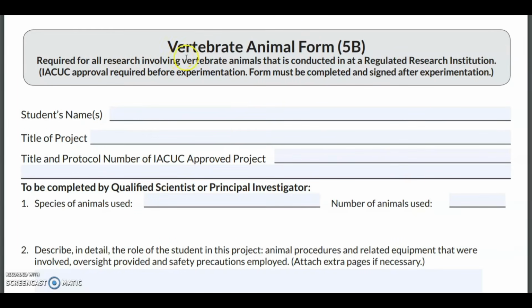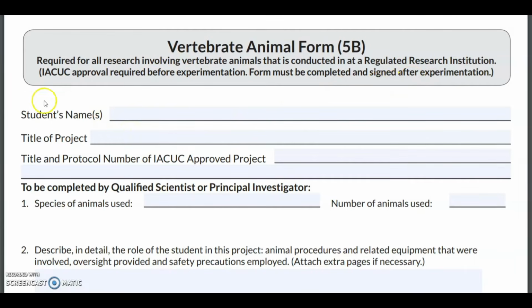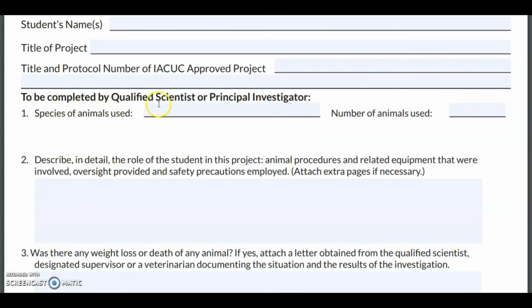Form 5B is also for vertebrate animals. This is required for all research involving vertebrate animals that is conducted in a regulated research institution. IACUC approval is required before experimentation. The form must be completed and signed after the experimentation. This also includes the student's name, title of the project, and title and protocol number of the IACUC approved project. And this part should be completed by the qualified scientist or principal investigator.